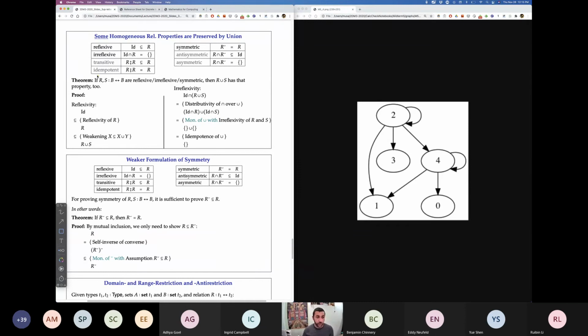Okay, so if you assume two relations R and S are this time irreflexive, so irreflexive means if you look at the graph, there is not a single self loop in R, and there are no self loops in S, then when I stick them together, I just put them beside each other.